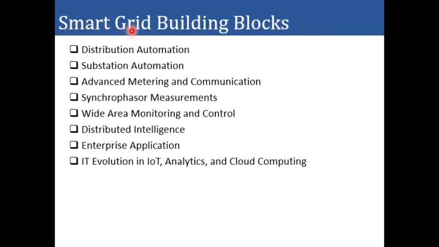Now let us try to understand what are various smart grid building blocks. First two building blocks are distribution automation and substation automation. In the last couple of years, we have put more stress on the distribution system automation as well as substation automation.